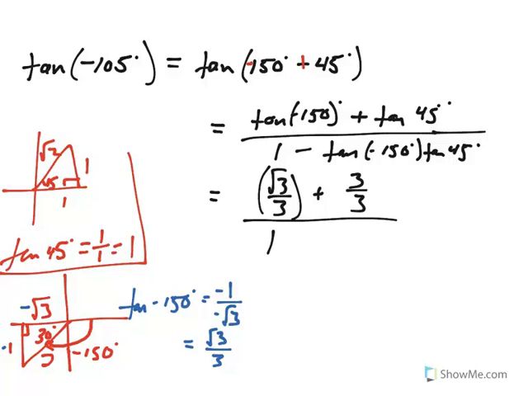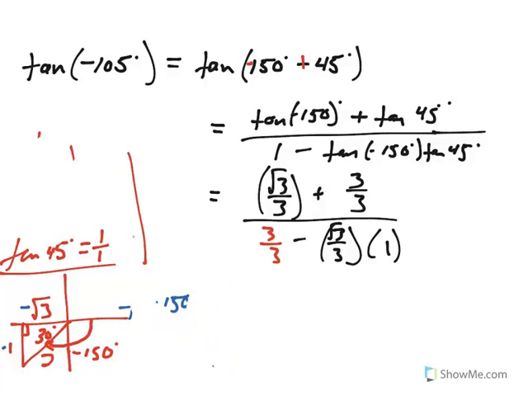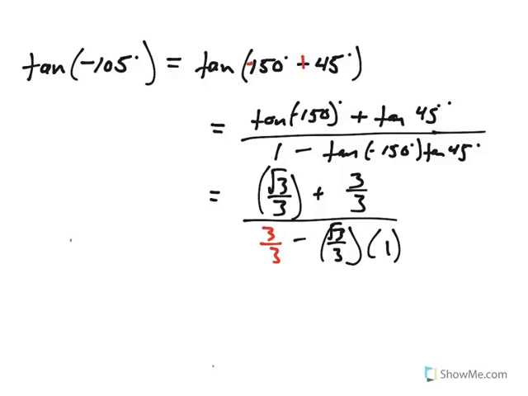Divided by 1 minus tangent of negative 150, which is square root of 3 over 3, times 1. And once again, I'm going to choose to change this 1 to 3 over 3 so I can subtract those. This side work you don't want to lose. I'm going to erase it just so I have some room here. I do not have a piece of paper, so I don't have a lot of room.